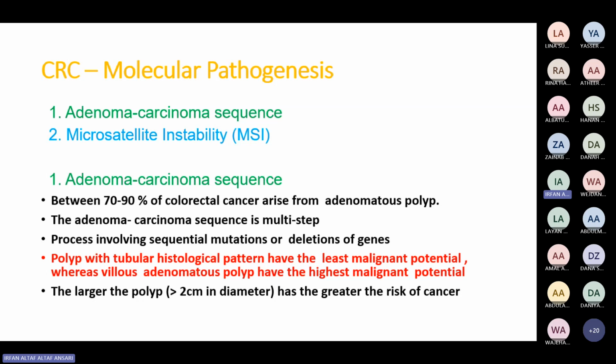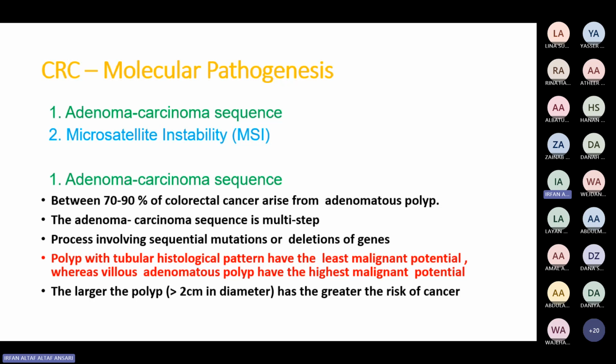So there is a sequential mutation or deletion of genes. A polyp with a tubular histological pattern has the least malignant potential, whereas a villous adenomatous polyp has the highest malignant potential. This is the histological aspect.